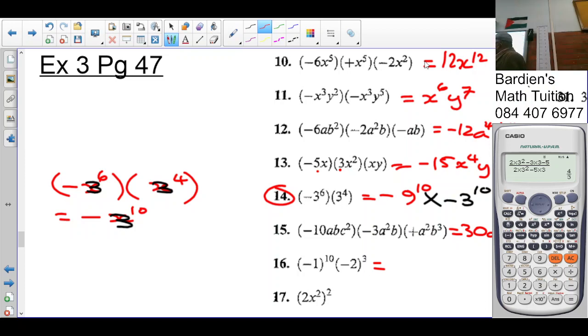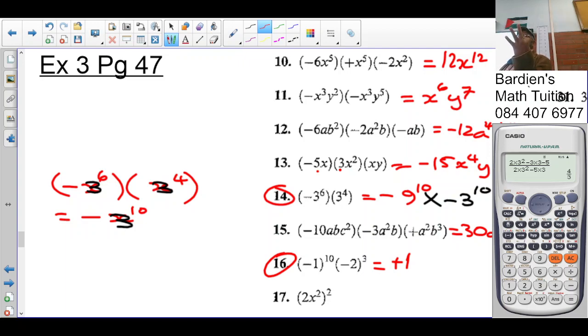You see here, number 16. We got negative to an even exponent. Negative to an even exponent will always be positive. 1 to the exponent 10 is 1 times 1 times 1, 10 of them. Who's going to give you an answer? 1 times 1 is 1, yes.